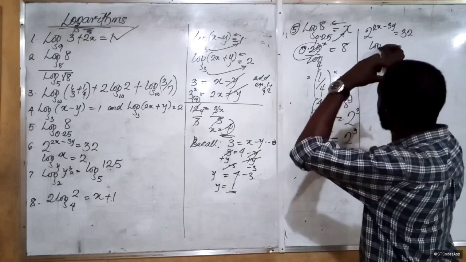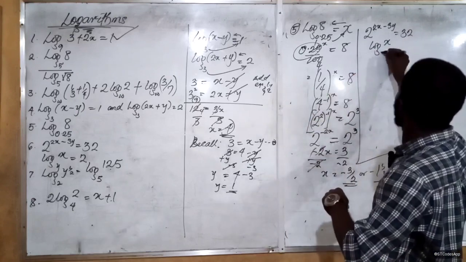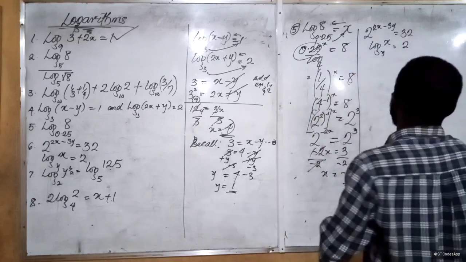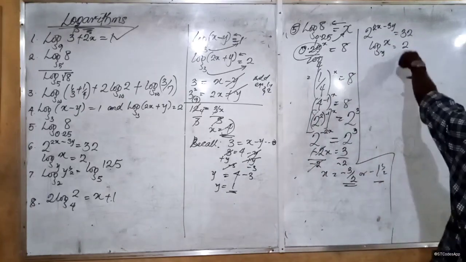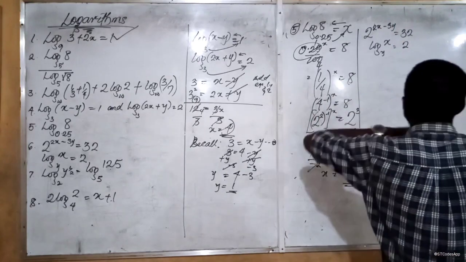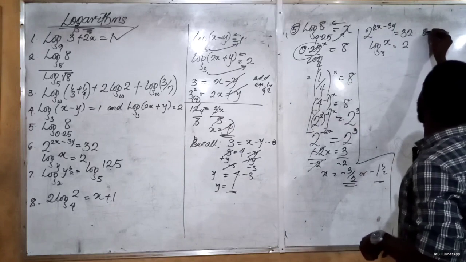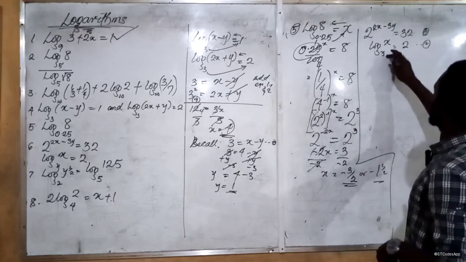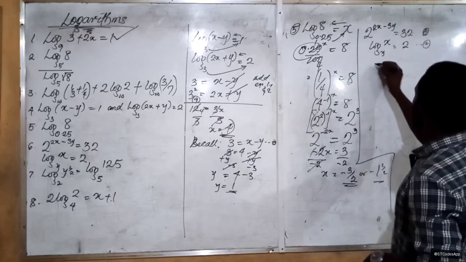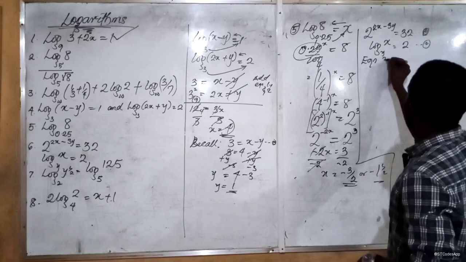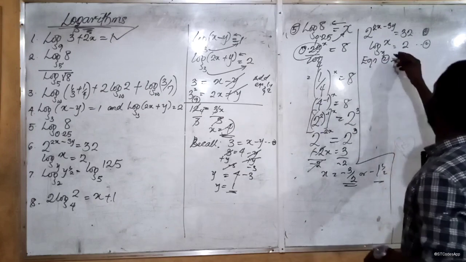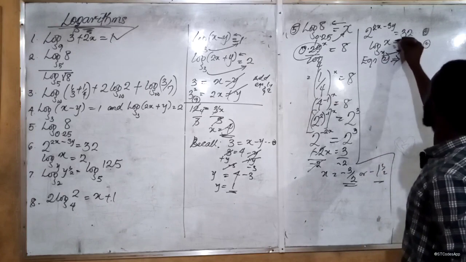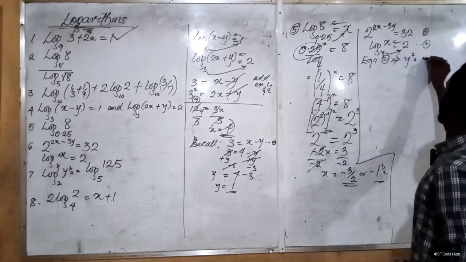And log of x to the base y is equal to 2. So what you basically do is, from here, you can turn this to become this form. This is our equation 1, and this is equation 2. So equation 2 will become, y will kick this guy up, will be equal to this guy. So we have y squared is equal to x.